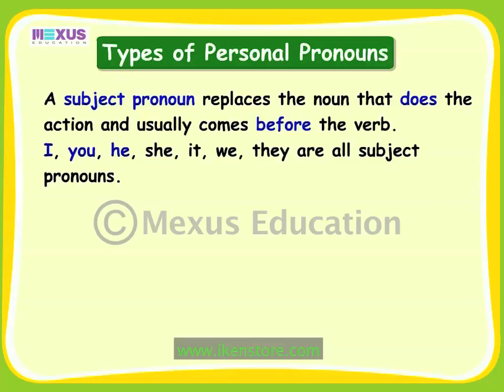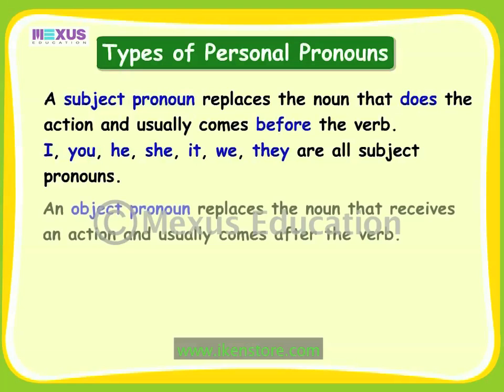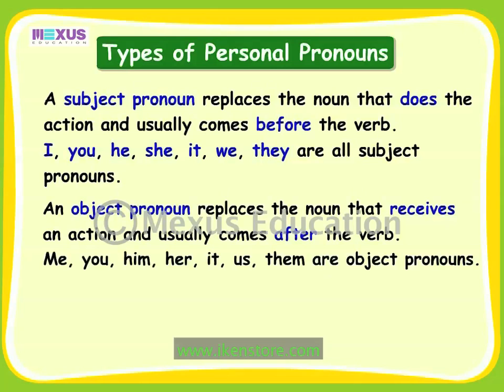I, you, he, she, it, we, they are all subject pronouns. An object pronoun replaces the noun that receives an action and usually comes after the verb.